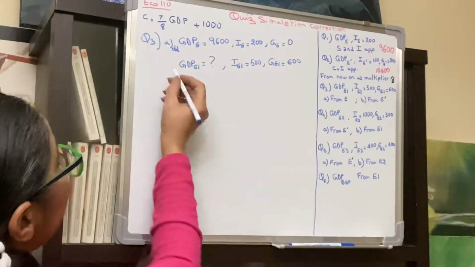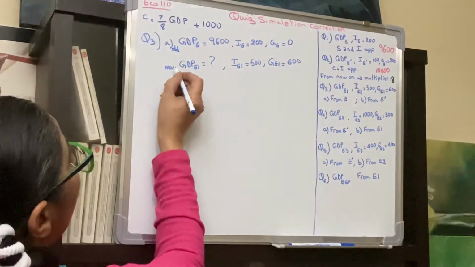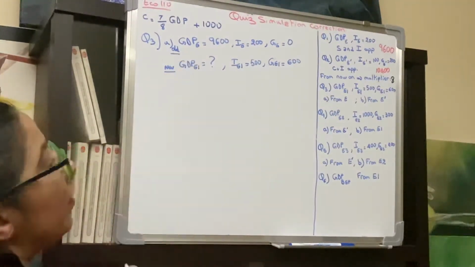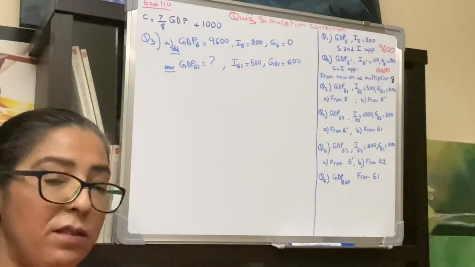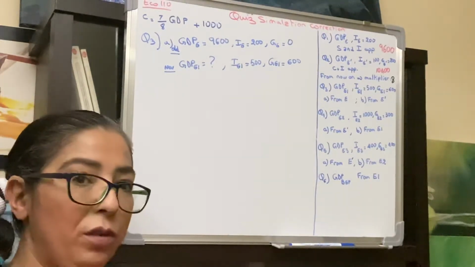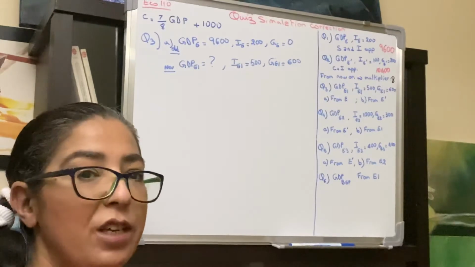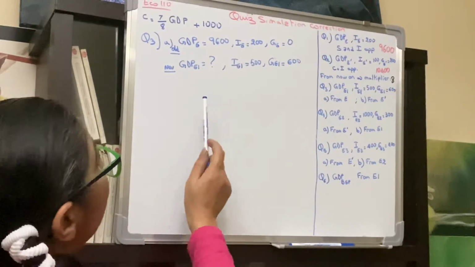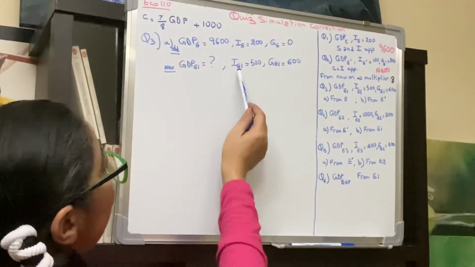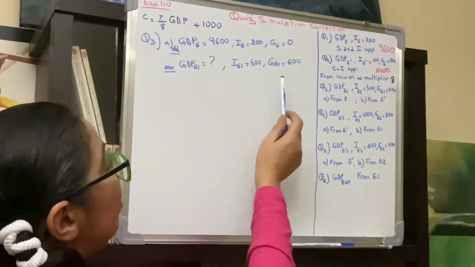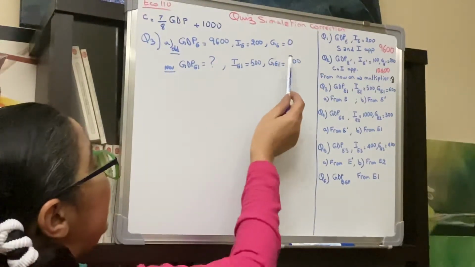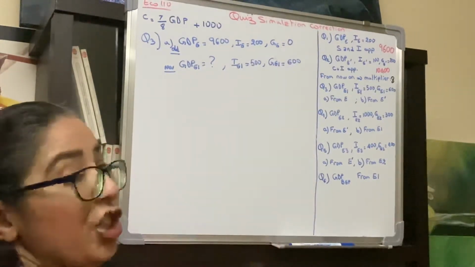So this is the new GDP, the one you're looking for. So it's always, you look for new minus old, which is the change. So I'm going to look for delta GDP, delta I, delta G. So to find delta GDP, I need delta I and delta G.